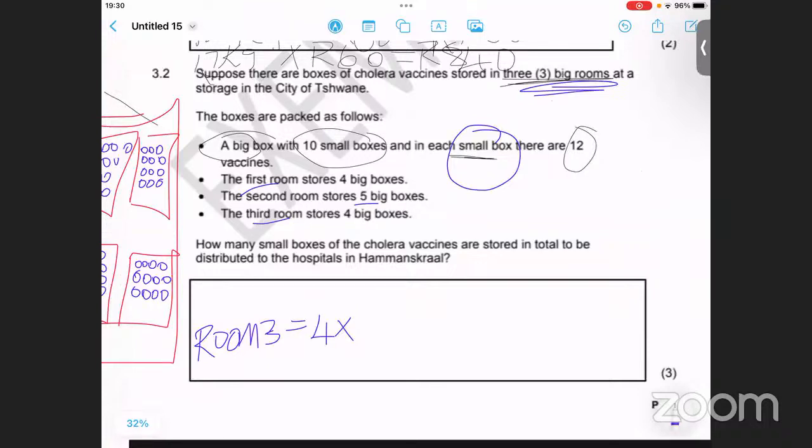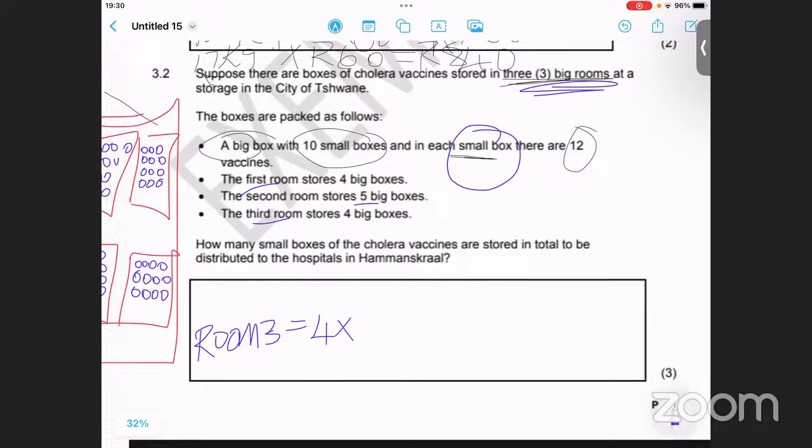Ma'am, how many hospitals are there? The question does not require you to know the number of the hospitals. So they just want to know how many small boxes.